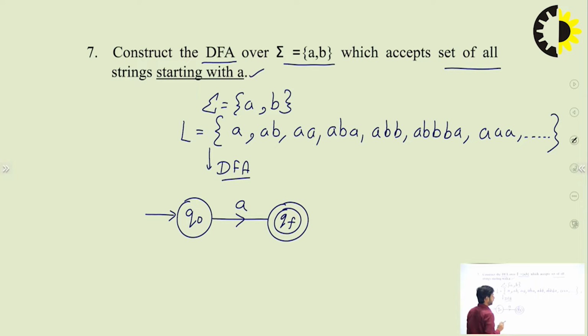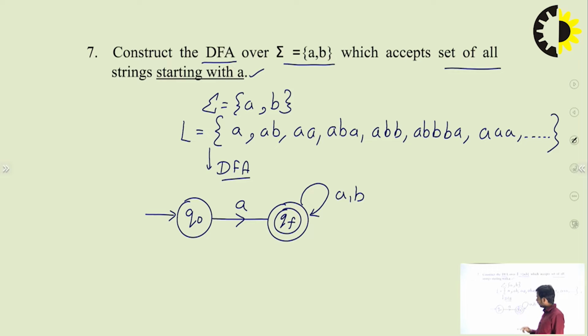Now this is my basic DFA. This is not the actual DFA, it is an NFA. It accepts the set of all strings that start with a, so it starts with a and reaches the final state QF. At QF there can be any number of a and b.